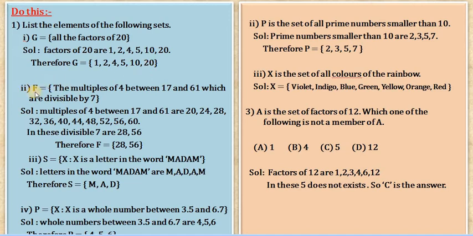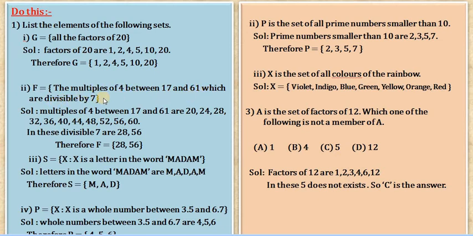The second bit, F is equal to the set of all the multiples of 4 between 17 and 61 which are divisible by 7. You should carefully observe here, understand logically. So this set F contains multiples of 4 between 17 and 61 which are divisible by 7.